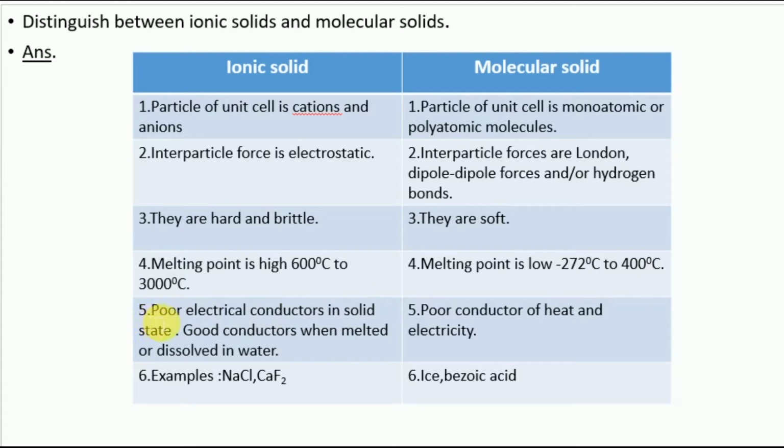Fifth point is, poor electrical conductors in solid state, good conductors when melted or dissolved in water. Here fifth point is, poor conductor of heat and electricity. Sixth point, ionic solid examples are NaCl and CaF2. And here examples of molecular solids are ice and benzoic acid.